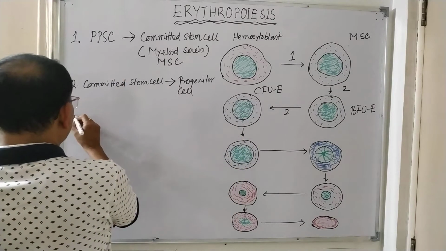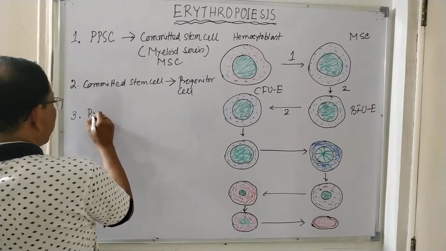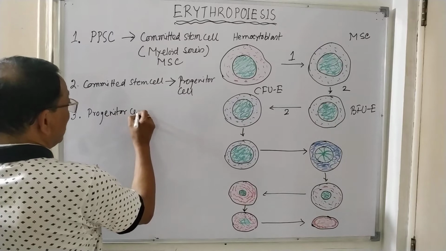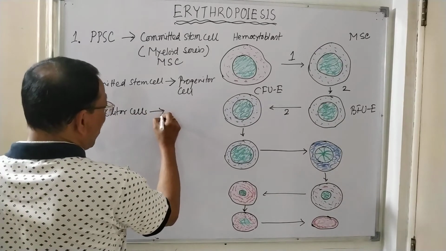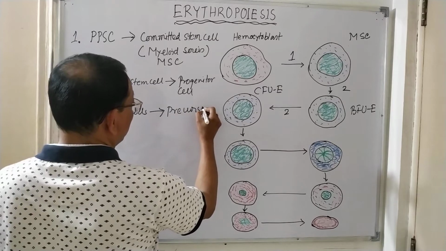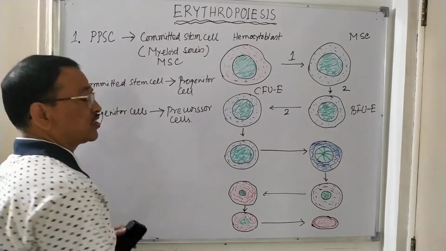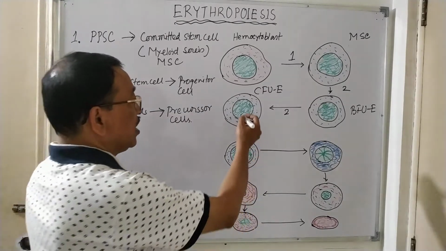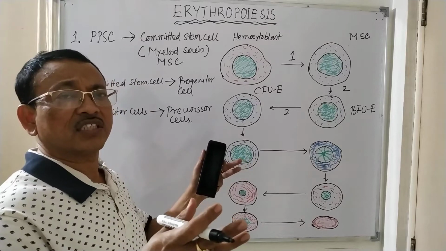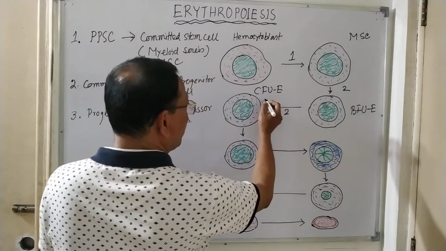Now in the third step, these progenitor cells are converted to the precursor cells. What are the precursor cells? Different levels of precursor cells are there. First, this is the CFU of the E series.